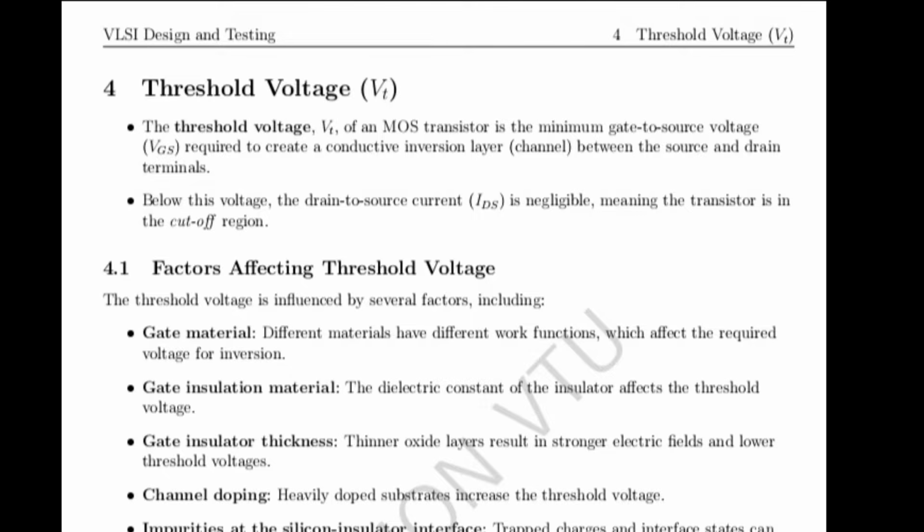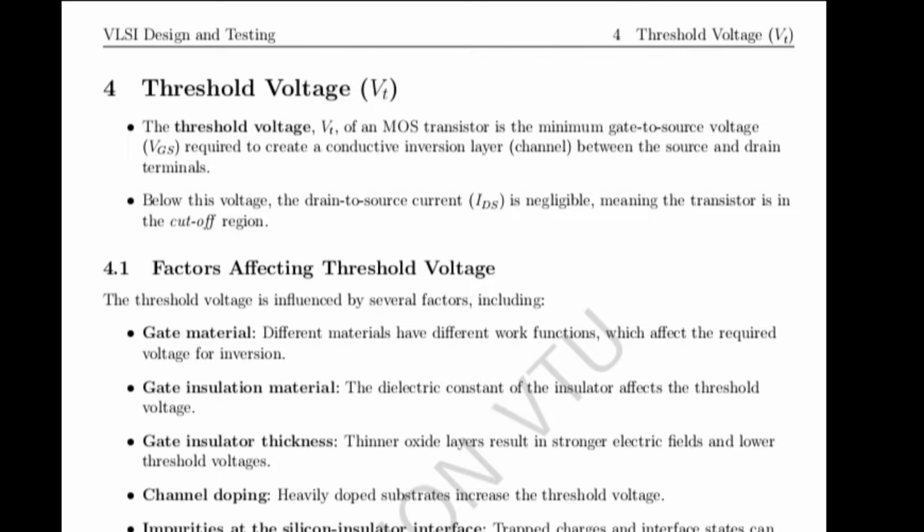For this, the answer is: what is threshold voltage? The threshold voltage is the voltage at which the MOSFET begins to conduct.